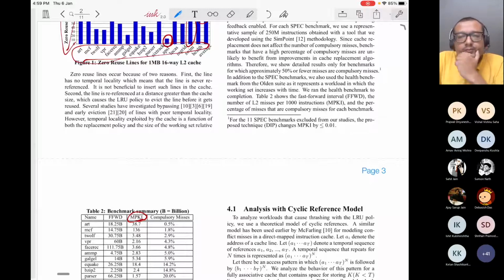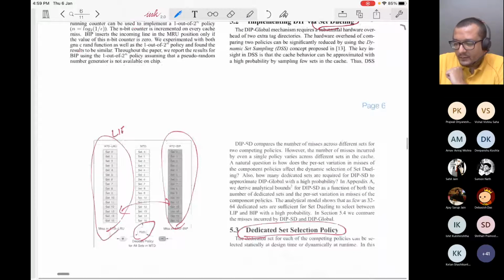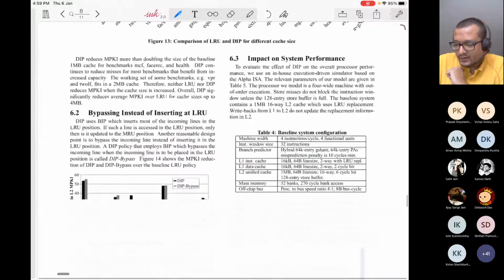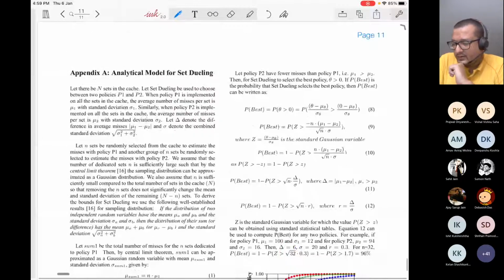Sir, I have a doubt here. While reviewing this paper, set dueling is a topic that they introduced. Do we have to verify these claims? It's not a topic. It's just a new implementation technique, right? You have to verify, meaning, okay, there is something in the appendix. At the end, there is this appendix.